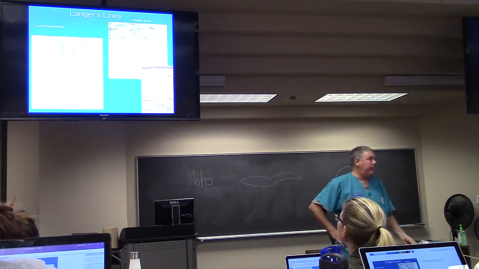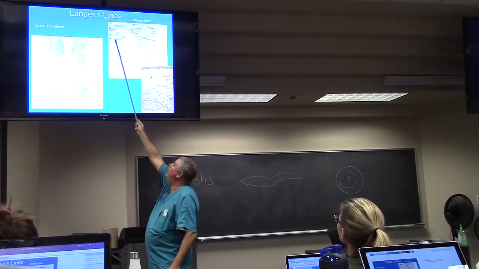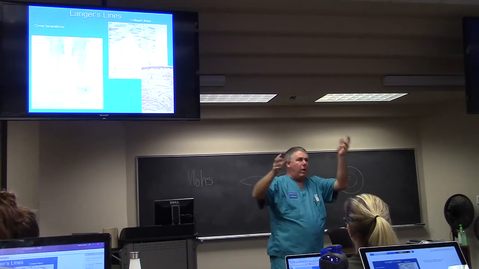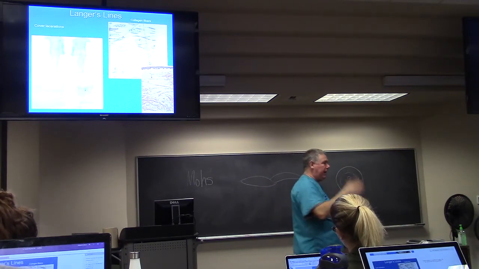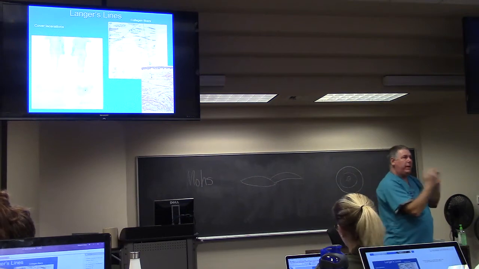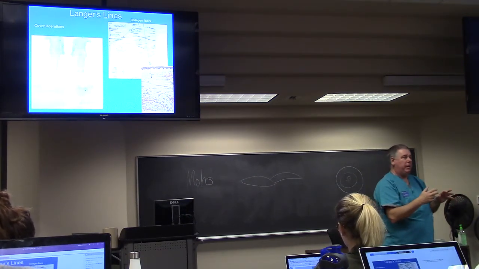Langer's lines. If you look at the collagen here, the collagen, or the strength of the skin, is not just arranged haphazardly through the skin. It's in predominantly parallel lines, and that gives the tissue strength because of that.